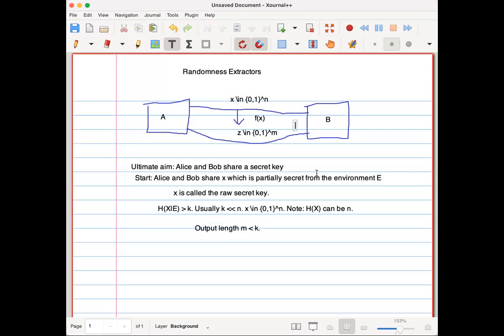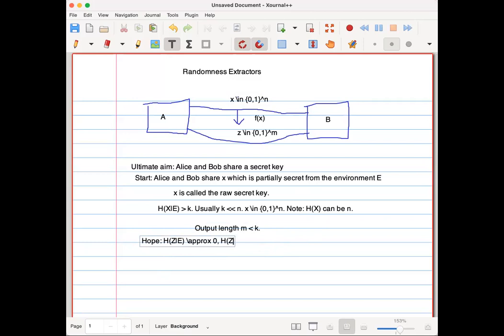And what is the hope? That these m bits that one has extracted will be completely independent of the environment. So the hope is h of Z given E is nearly 0. That's what I mean, completely independent of the environment. And it should be perfectly random m bits.